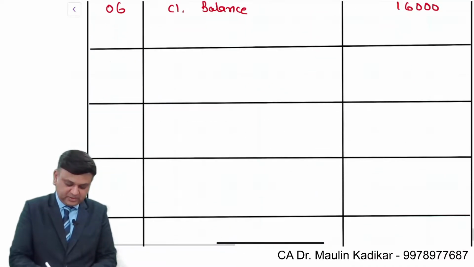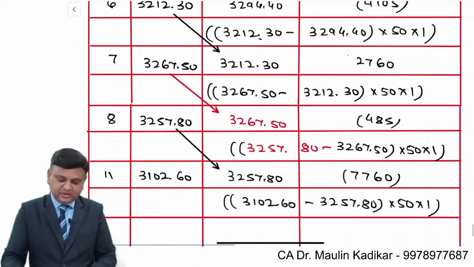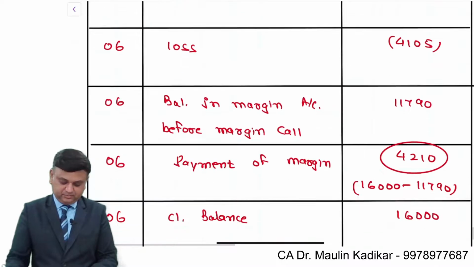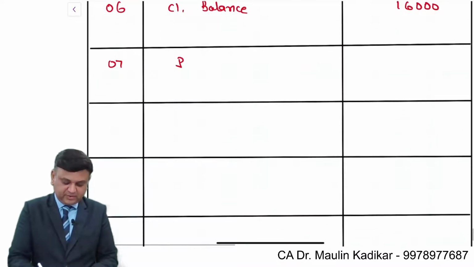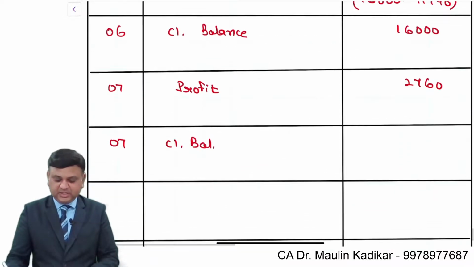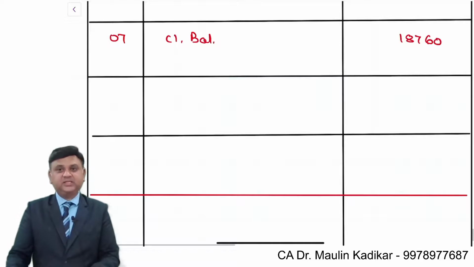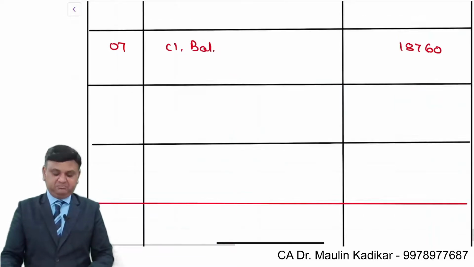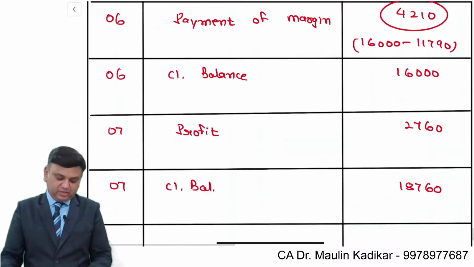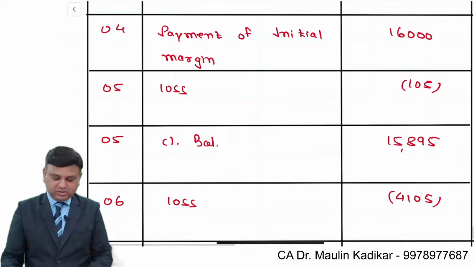Okay. On seventh, there is a profit of 2760. So on seventh, the closing balance is equal to 18760. There is no information provided for the withdrawal, so we are ignoring the withdrawal. On 8th, there is a loss.